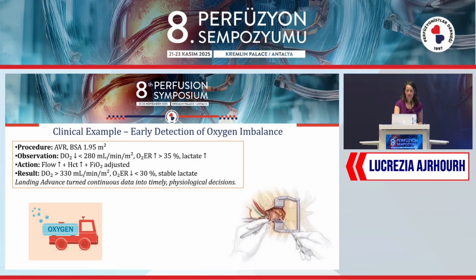So the perfusionist's intervention was to increase pump flow from 4 liters and 600 milliliters to 5 liters per minute, optimize hematocrit thanks to cell saver infusion, adjusting VO2 and gas flow on the oxygenator, and the result was, at the end, a restored DO2 above 330 milliliters, with an O2ER normalized to 29% and lactate stabilized.